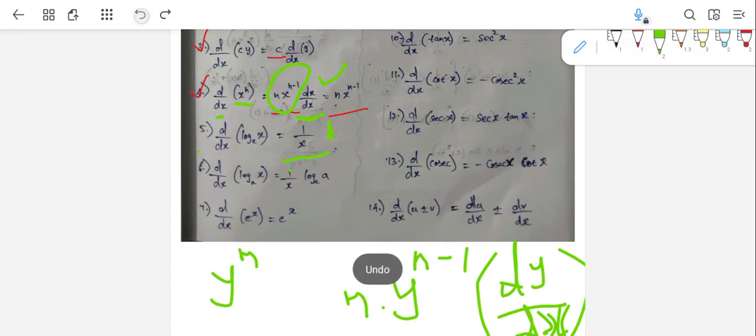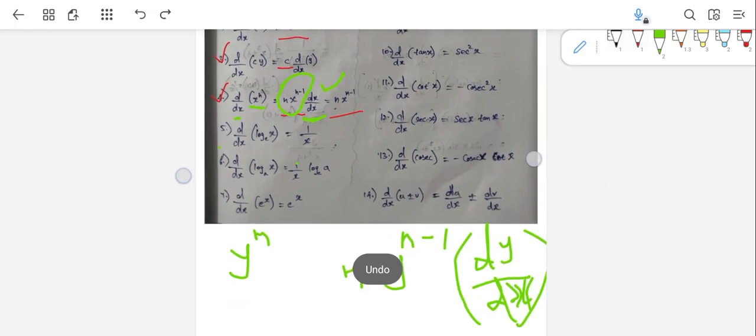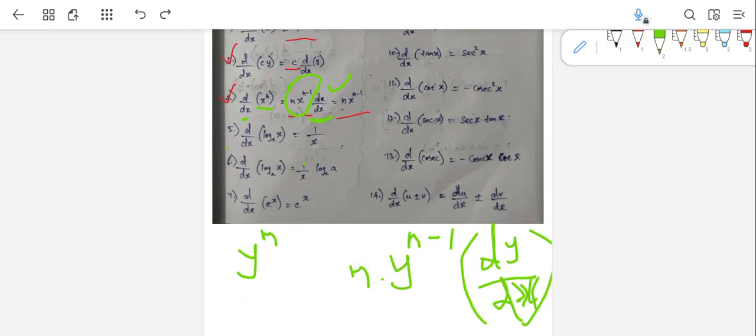Just now I told you why, because here it is fine. Even in the fifth one, if I write dx by dx, it will get cancelled. But if you have some other values, you can't say you will get y in terms of x only. Maybe they can give it in terms of t, something like that. But you need to differentiate with respect to x only.